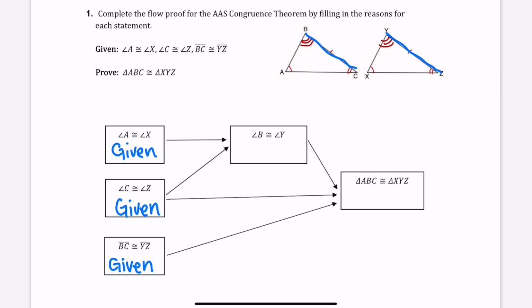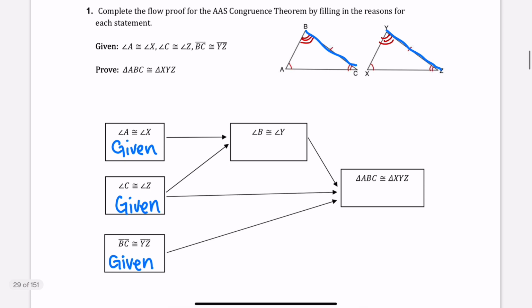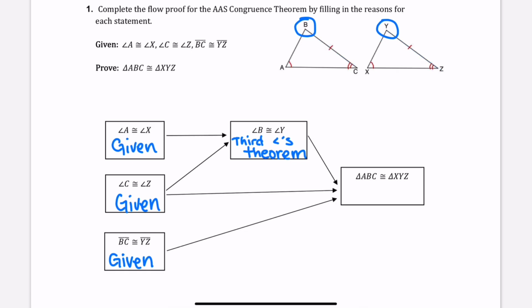So angle B has to be congruent to angle Y by the third angles theorem. So now we have two angles that are the same here, two angles that are the same here, and then a side in between the two angles. So these are congruent by the angle-side-angle postulate.